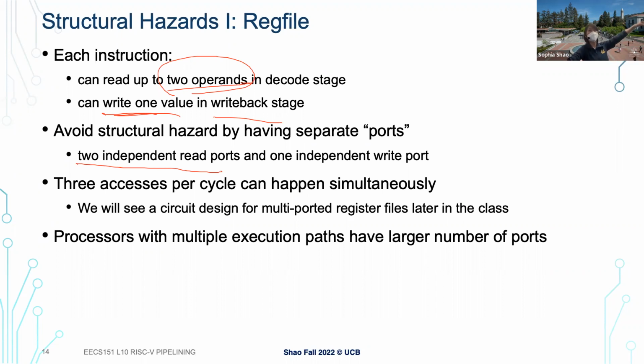Now with 2 read ports, we can do 2 parallel reads per cycle so that we can read both operands in one cycle. That's a very simple example, an easy way to support parallel access and resolve a structural hazard by adding more resources.